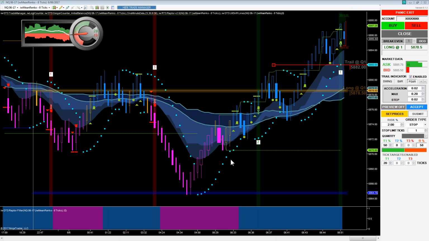So whereas the Eagle only has the one hard edge, the Raptor, because it incorporates elements of all 3 birds into one, has a double band. So we get some faster signals as opposed to some of those that we may have gotten on the Eagle. But yes, the cloud is borrowed from the Eagle Trend Trader.